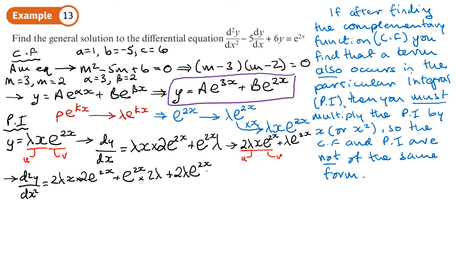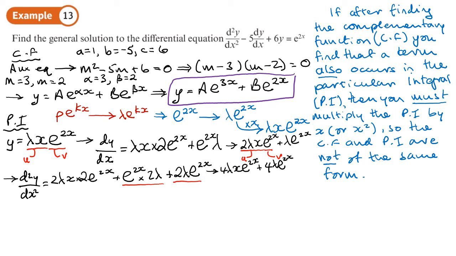So again, we will tidy that up, and we will have 4 lambda x e to the 2x plus 2 lambda e to the 2x plus another 2 lambda e to the 2x. Just notice these two terms here will end up being the same, so let's just cross out the 2 and change that to 4 lambda e to the 2x.